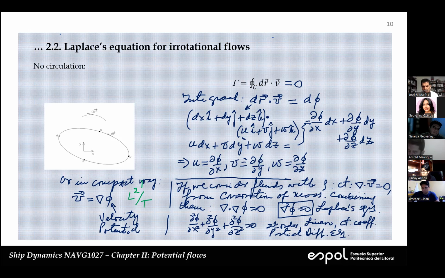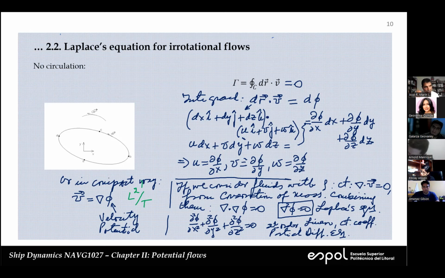So if you see that somebody is working with Laplace's equation, that means two things. First, that they're usually working with liquids, water, because the density has been held constant. And second, they are saying to you that they are neglecting viscosity, so they're working only with irrotational flows, even though they don't tell it to you.